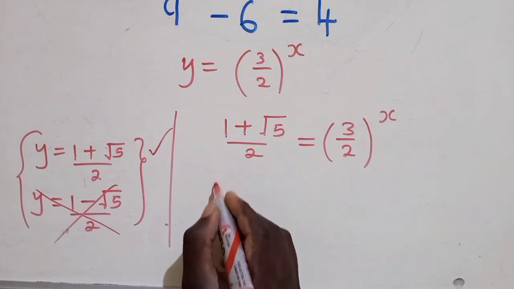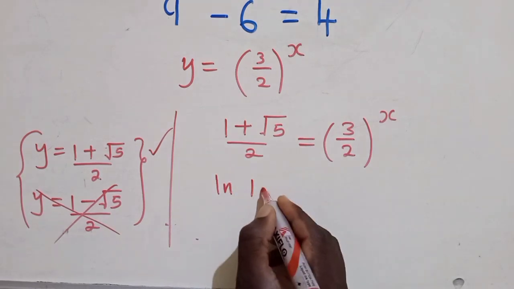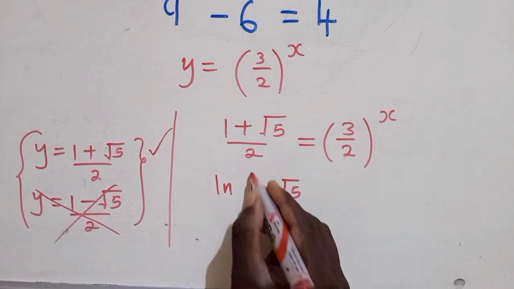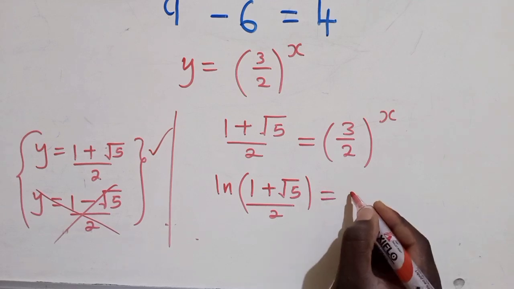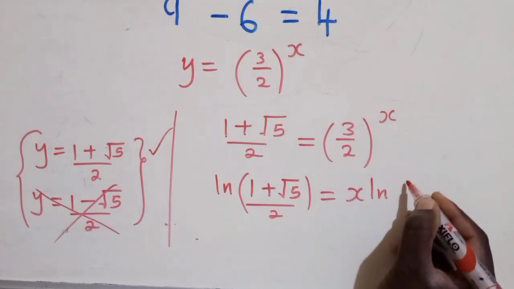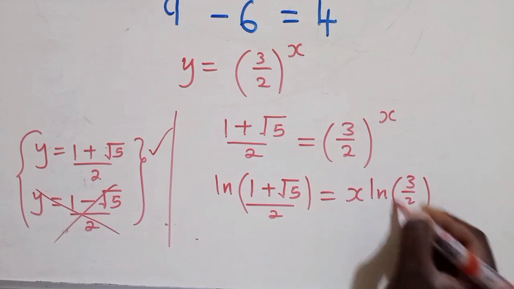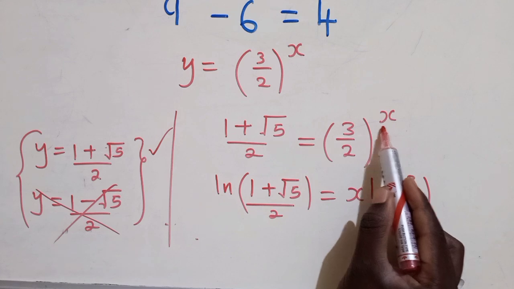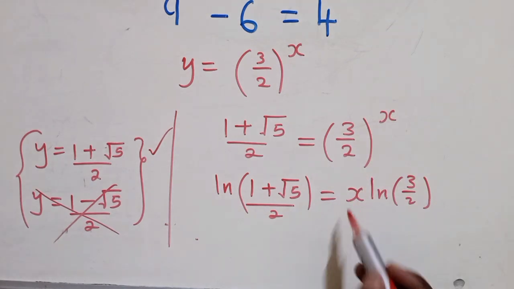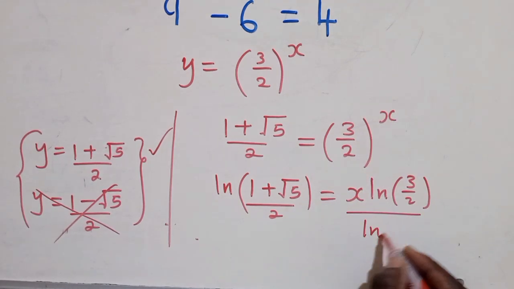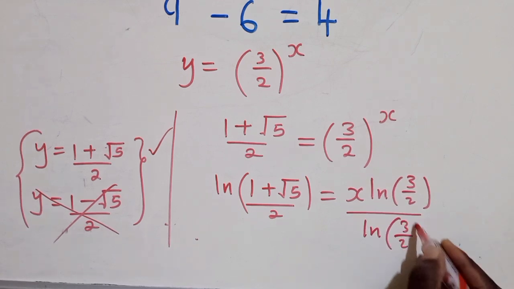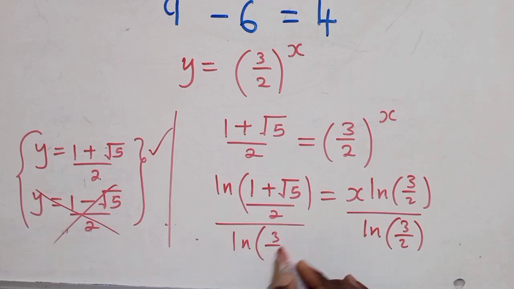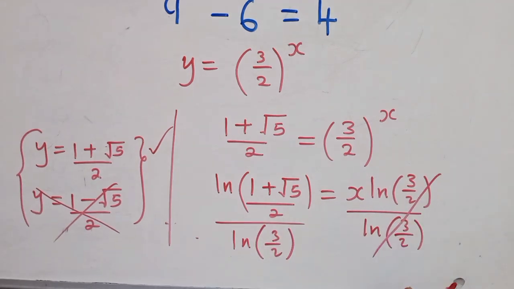And then you say ln of (1 plus root 5) over 2 is equal to x ln of 3 over 2. So apply ln to both sides so that we drop this power, which is right here. Divide by ln of 3 over 2. So this will go.